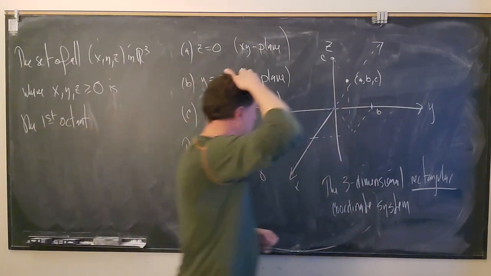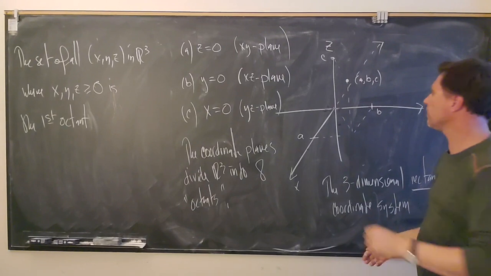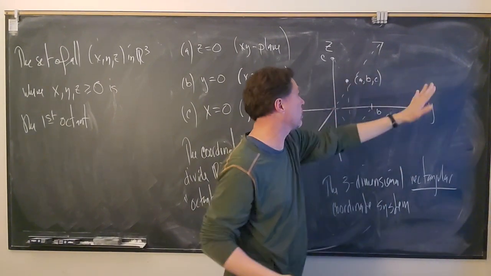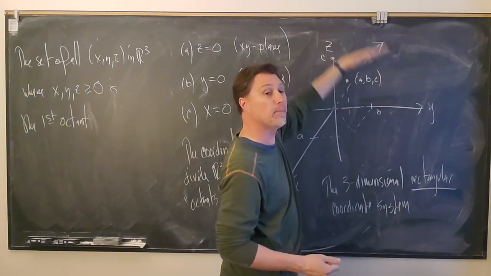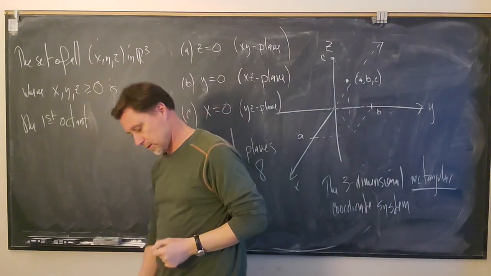So what does that mean? Well, if x has to be positive, that means that it's going to be in front of the chalkboard. If y has to be positive, it's going to be to the right of the xz plane. And if z has to be positive, that means it's above the xy plane. So that one's called the first octant.